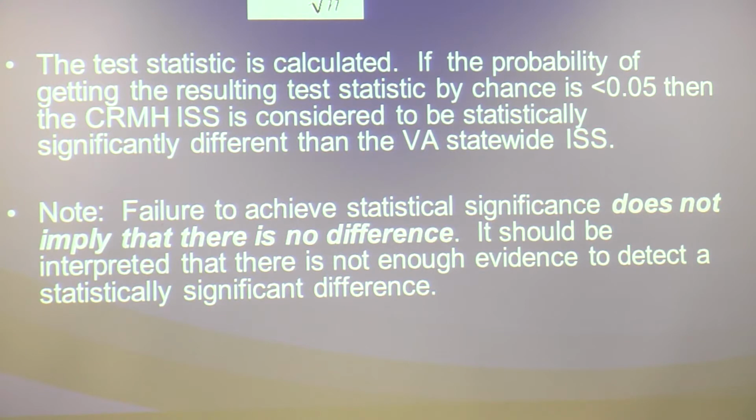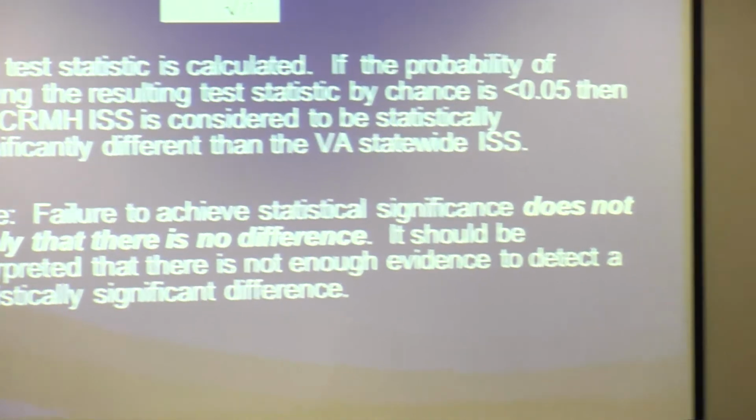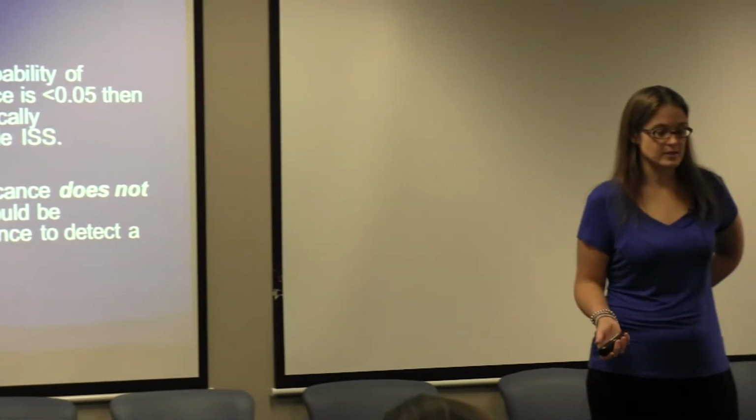So you don't want to conclude that there's no difference. If it's an important topic or you have reason to believe that it's worth continuing to look at, you may need to repeat the study and you might find something different another time around. So that's just an important side note.